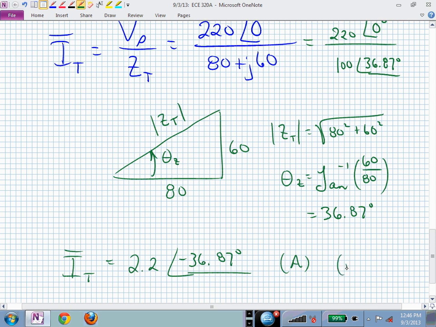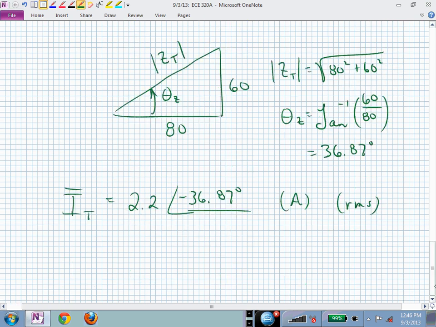And since my voltage was in RMS, my current is in RMS magnitude values. Questions on this? Now I know what current is flowing out of that source.